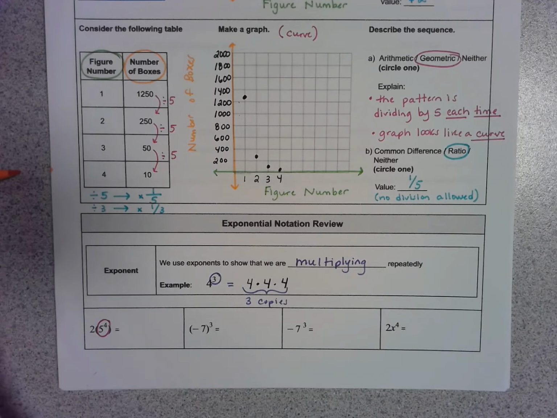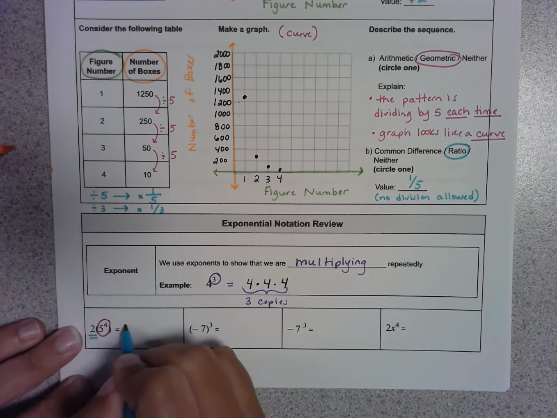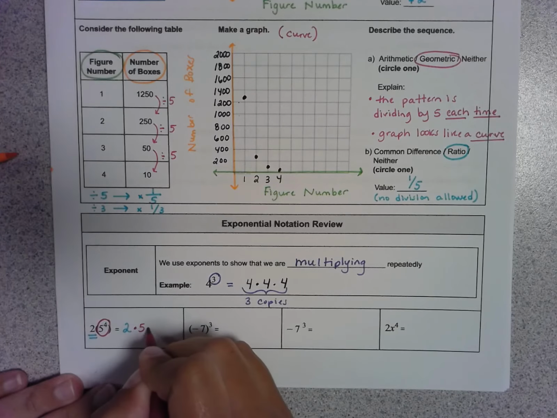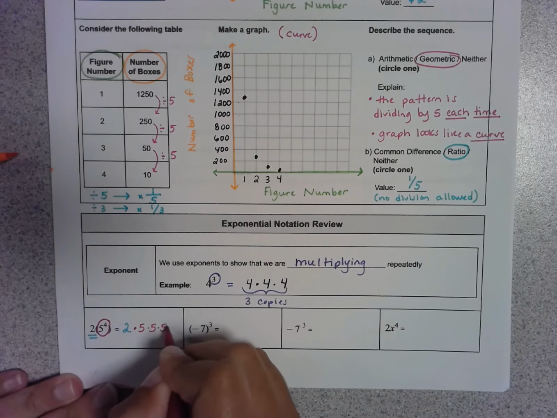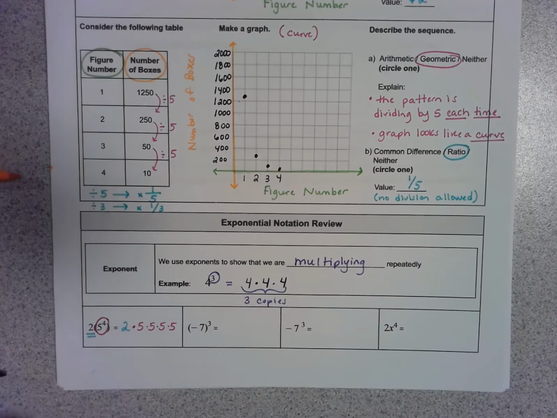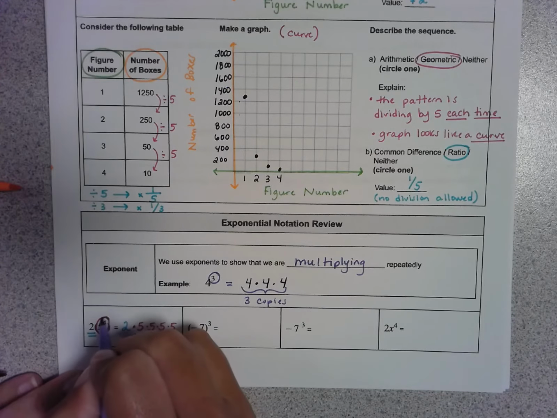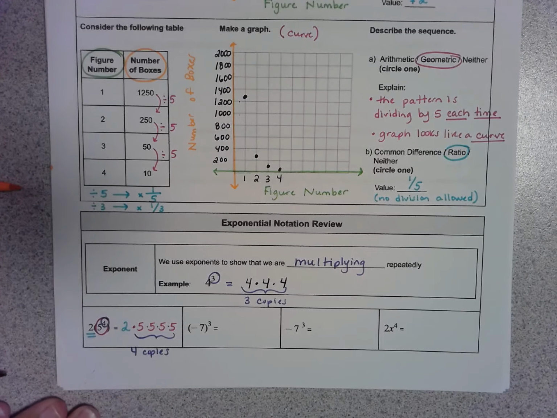So what that tells me is that when I write this out in expanded form, I'm only going to write down the number 2 one time. And then I'm going to put down 4 copies of the number 5. And the reason I know to put 4 copies of the number 5 is because the exponent here is a 4.